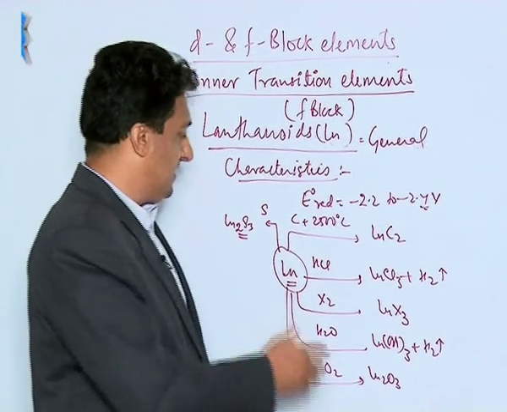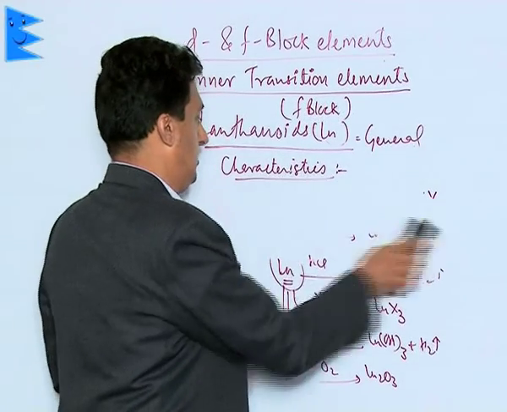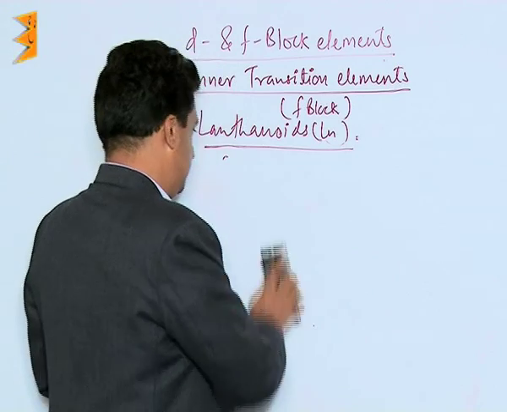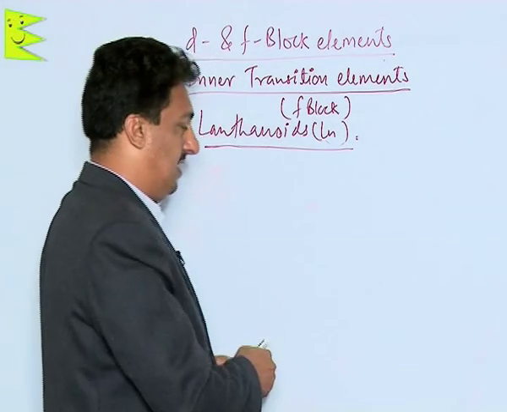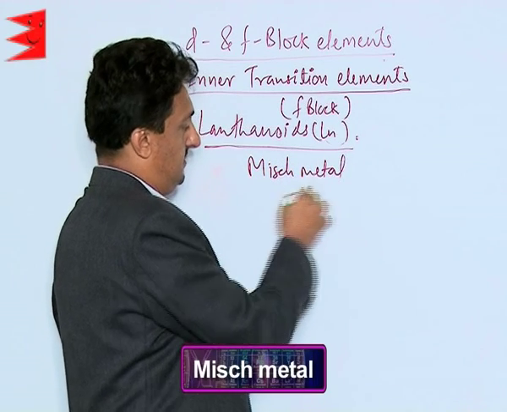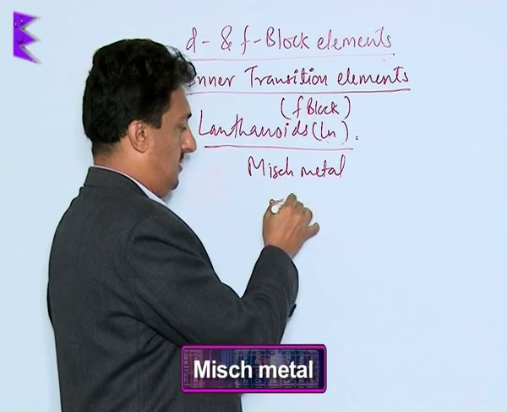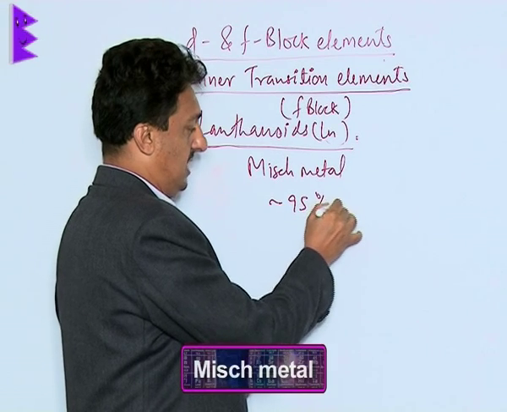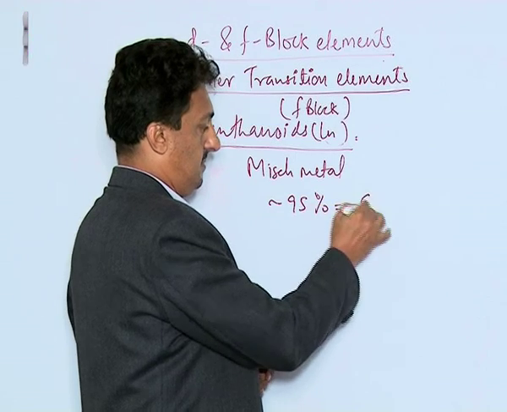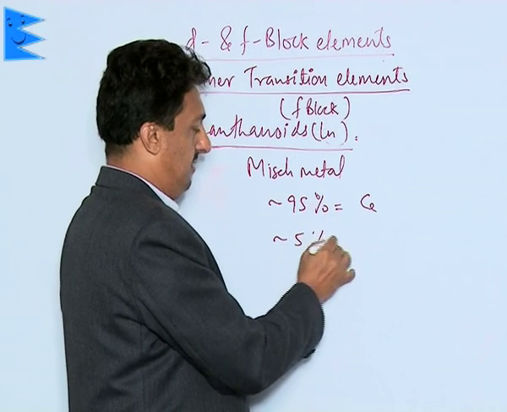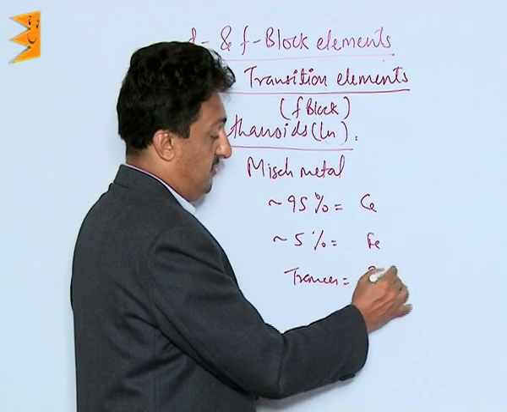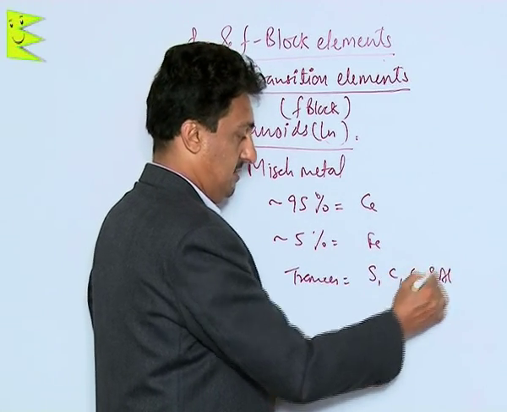Now, after studying the general characteristics, we must know one very important use of these lanthanoids. They are used to prepare an alloy called misch metal, which contains nearly 95% lanthanoids, mainly cerium, approximately 5% iron, and traces of sulfur, carbon, calcium and aluminium.